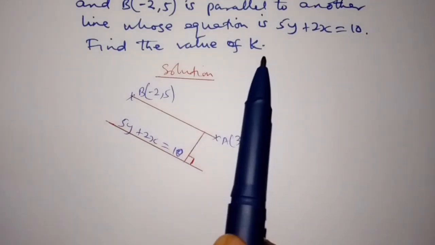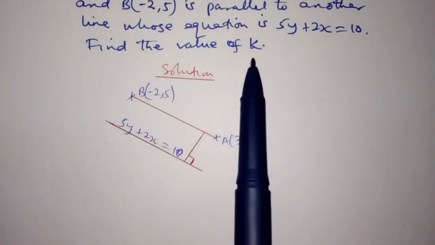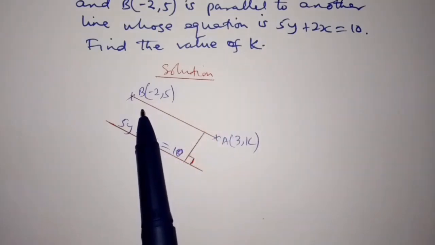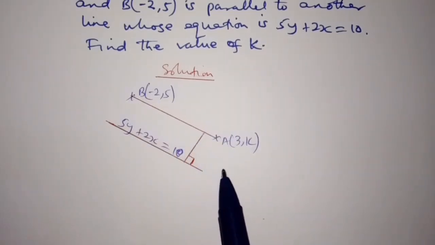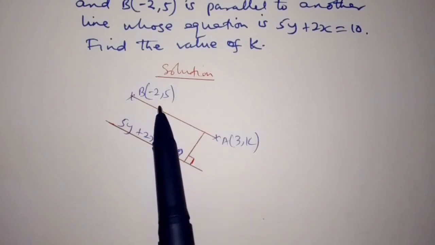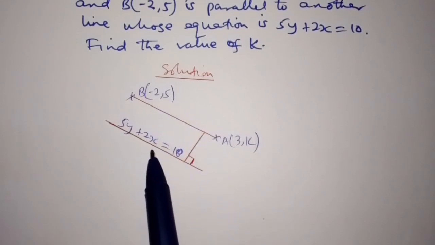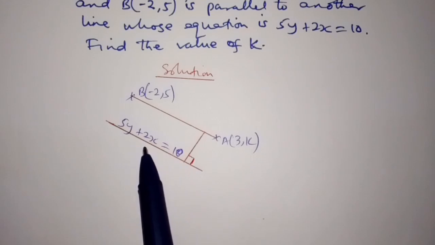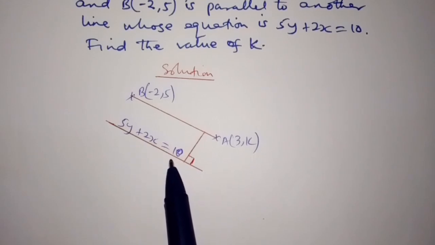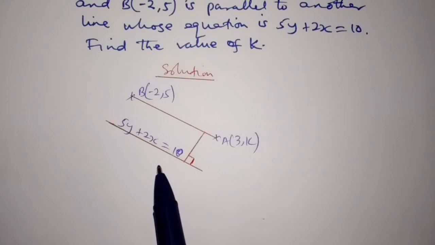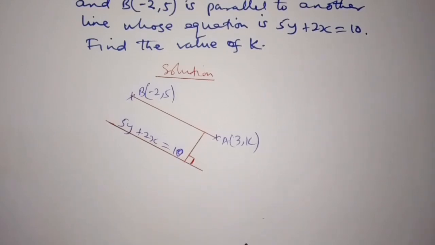The other line is a line which joins the points A, 3k, and B, negative 2, 5. So B is negative 2, 5 here, and it is parallel to this line, whose equation is 5y plus 2x is equal to 10. Find the value of k. How can we find the value of k?